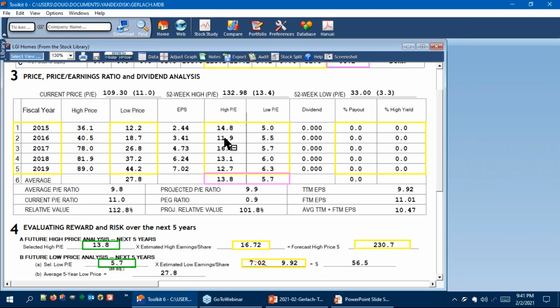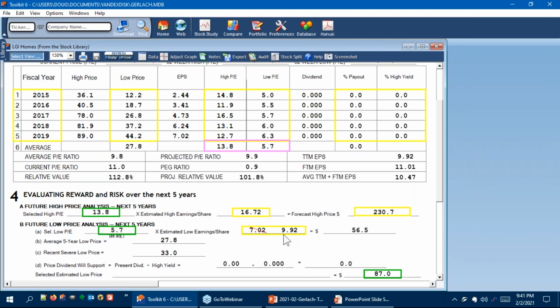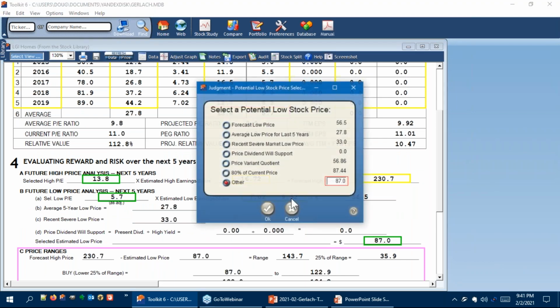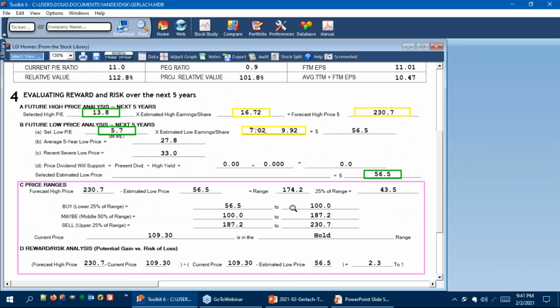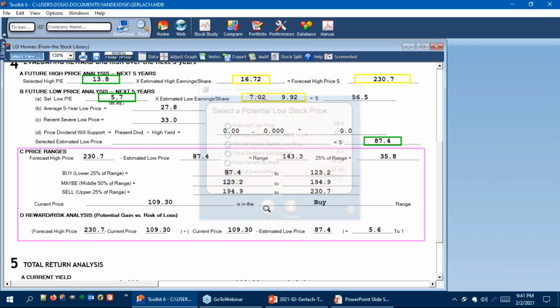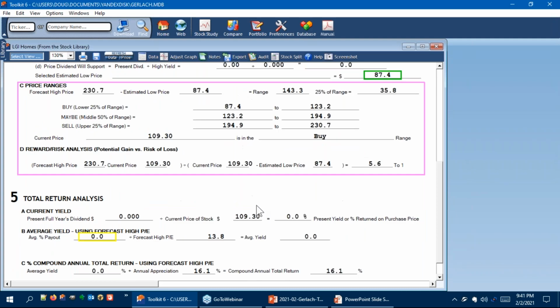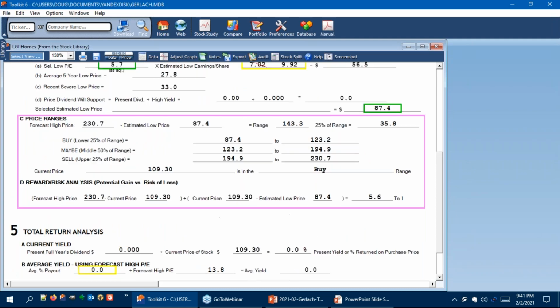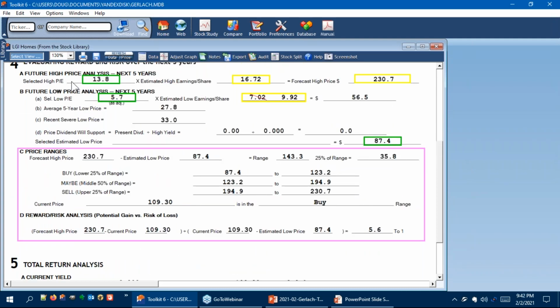But I didn't strike out any outliers, so the average PE ratio is 13.8 to 5.7. I use the trailing 12-month earnings per share to determine my forecast low price. I used the 80% option there to account for a 20% decline in the price.